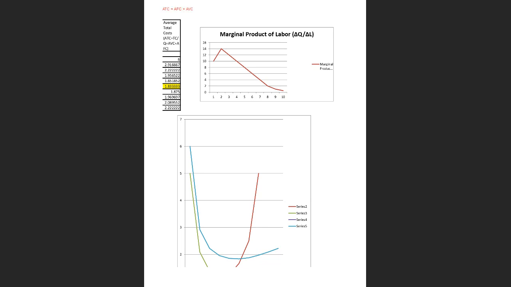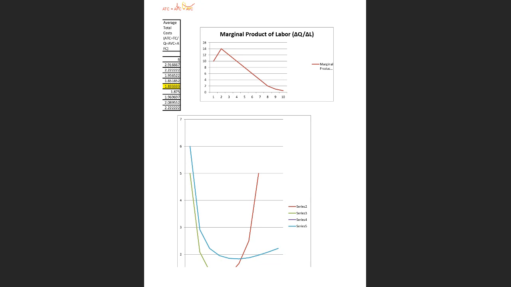So with average total cost, average fixed is always falling, right? This part is always going down. This average variable starts off going down and at some point picks back up. So in the beginning, average fixed is falling, average variable is falling, therefore average total is falling, right? At some point, average fixed is falling, average variable starts to tick back up.